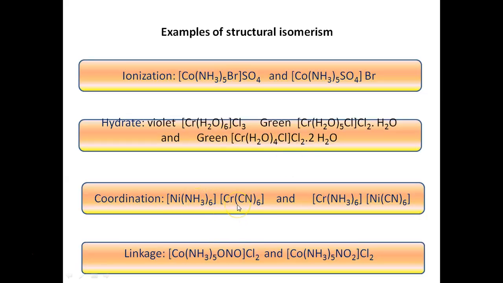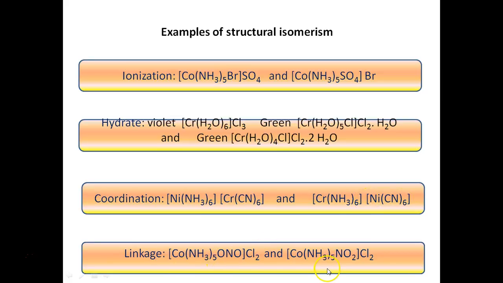Coordination isomers are observed for those cases where both the cation and anion are complex, or coordination complexes. This molecule and this molecule have a similar formula, only they have exchanged the ligands. Here ammonia is with nickel and cyanide is with chromium, and here they take the reverse position, so they are coordination isomers.